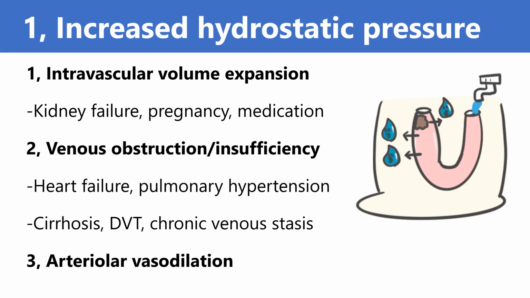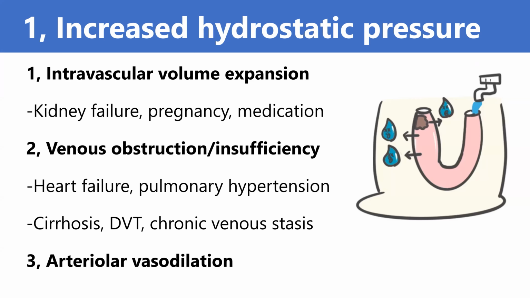Causes of these conditions include heart failure, pulmonary hypertension, cirrhosis, which is related to portal hypertension, deep vein thrombosis, and a condition called chronic venous stasis, in which, normally if it's a primary abnormality, there is dysfunction of valves in the veins that normally have venous blood moving from a distal to proximal direction.